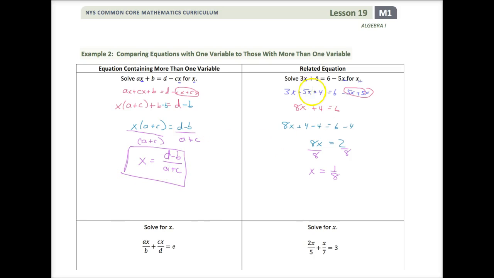And actually, really, technically, I do know what they are. If I were to use this guy, I would know that a is 3, b is 4, c is negative 5. Well, actually, c is 5, and d is 6. I hope this works. So we'd say x equals 6 minus 4 over 3 plus 5.